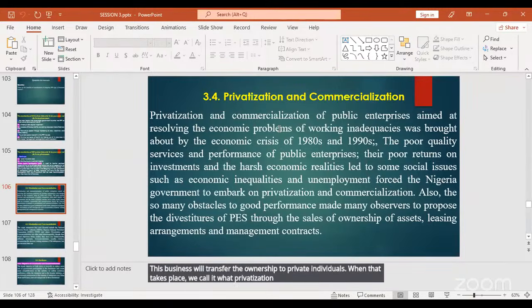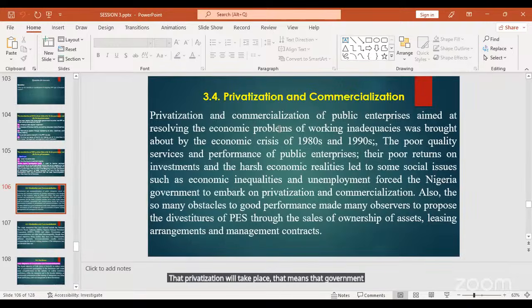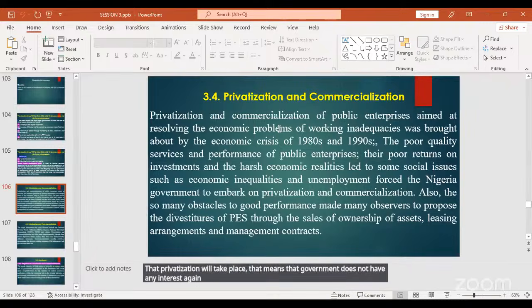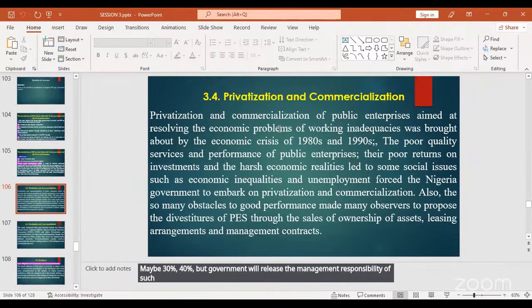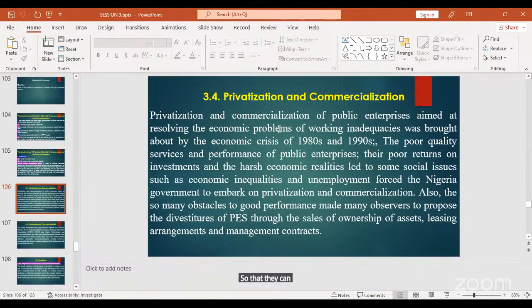But I told us that it's not in all cases that privatization means government does not have any interest again. In some cases, government will retain a few shares, maybe 30%, 40%, but government will release the management responsibility of such organization to private persons so that they can help the government to make profit.